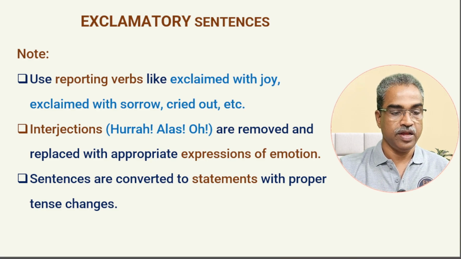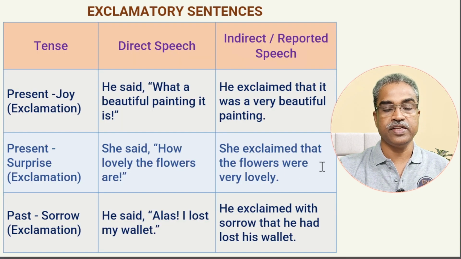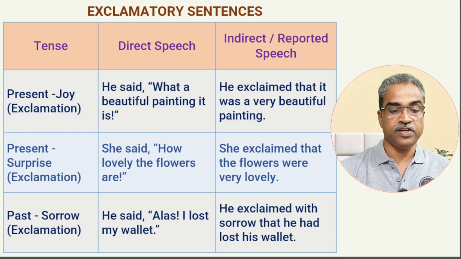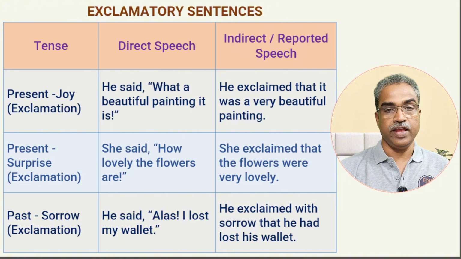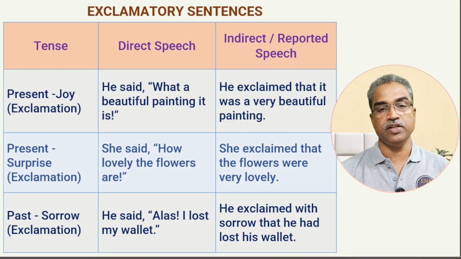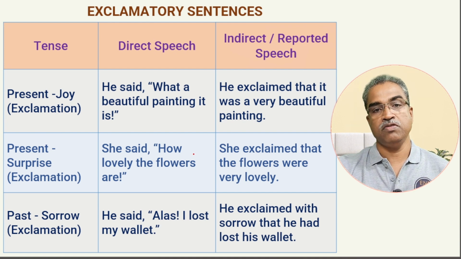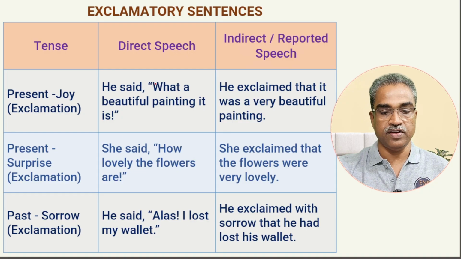All right. Now, let us see some of the examples. Present tense, joy exclamation. He said, what a beautiful painting it is. It's an exclamatory sentence. We have already learned in one of the previous videos about exclamatory sentences, so go back and see how it is framed.